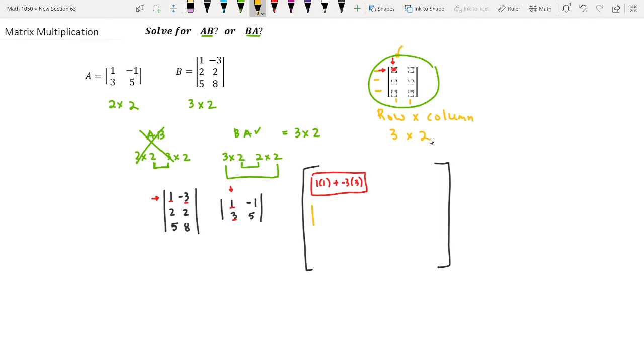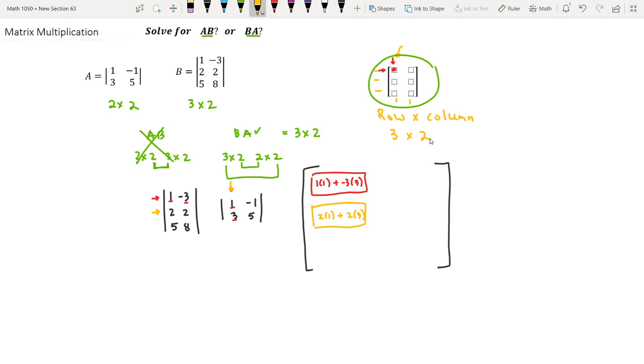If I want to work with this next position here, I'm going to be working with the second row. See, that's the second row, but it's still in that first column. So I'm going to do 2 times 1 added to 2 times 3.